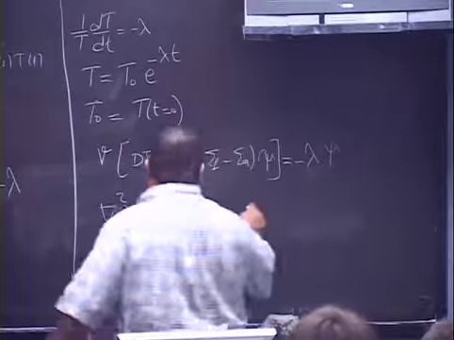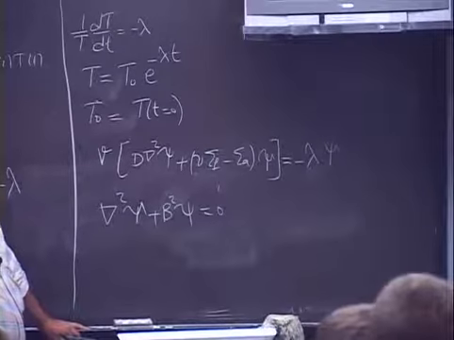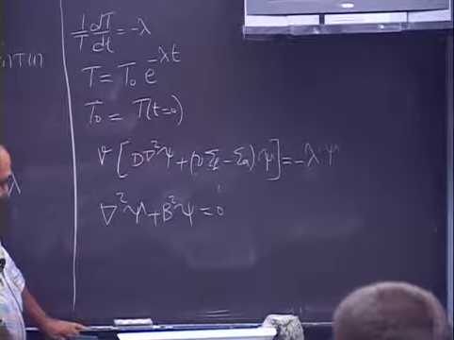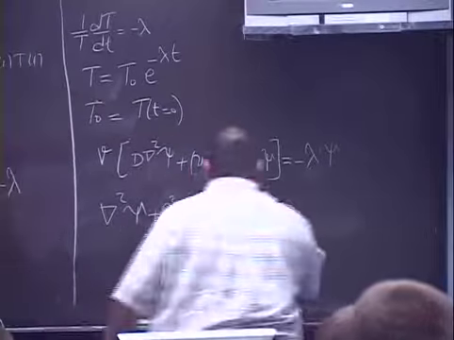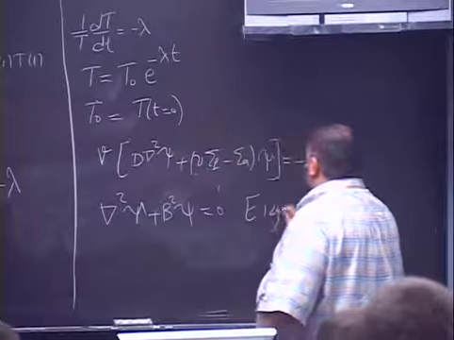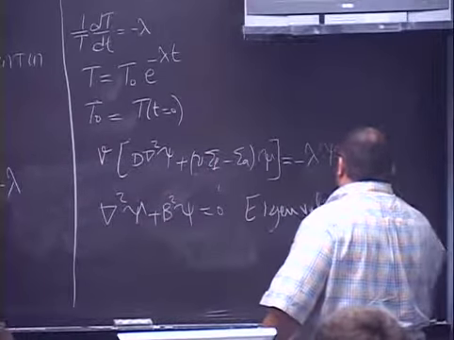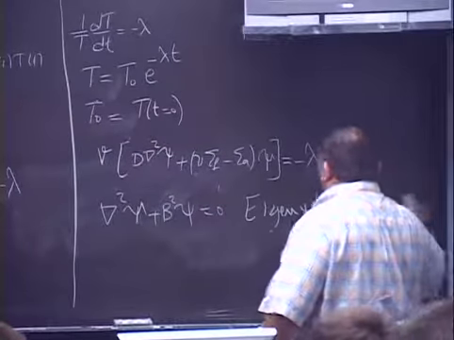What type of equation is this? It is a second order, homogeneous equation. This type of equation is called an eigenvalue problem. Why is it an eigenvalue problem?